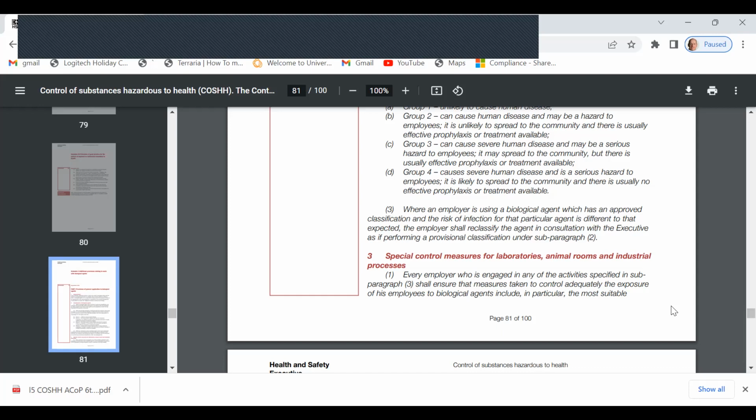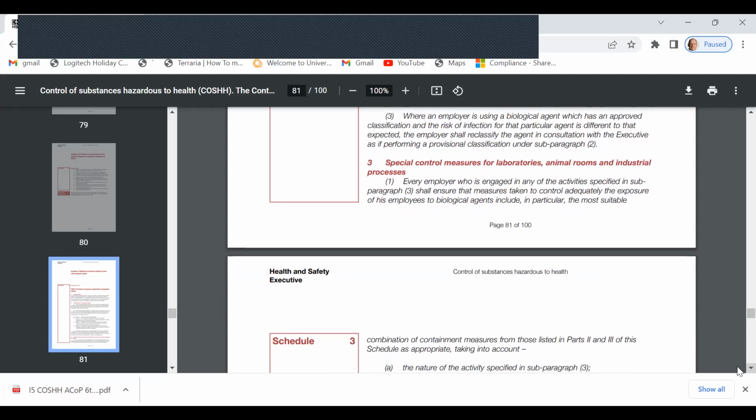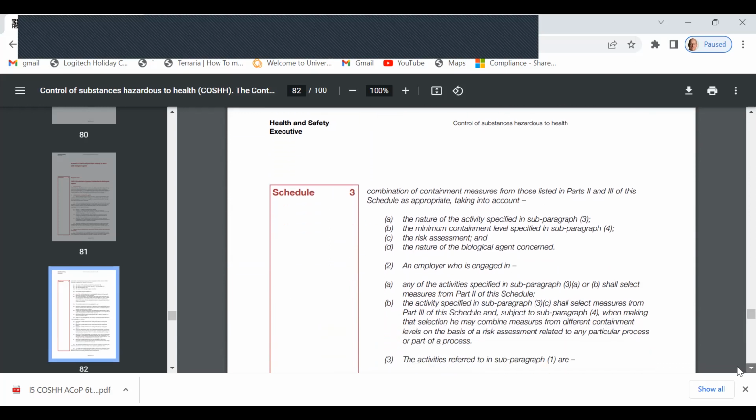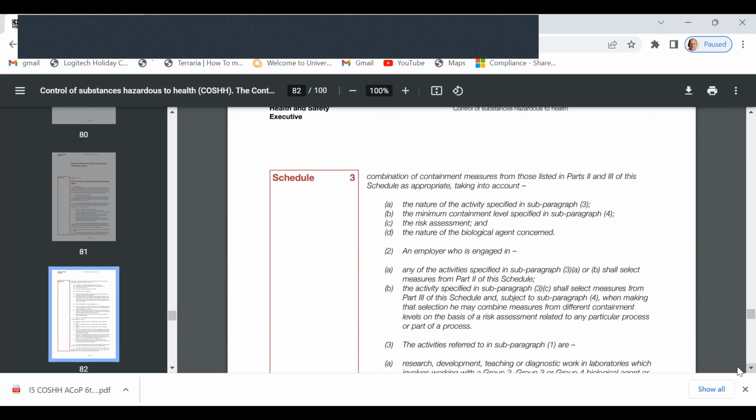Every employer who is engaged in any of the activities specified in subparagraph 3, which is just above there, biological agents, shall ensure that measures taken to control those biological agents and exposure are adequate or a suitable combination of containment measures from the list. So then it gives the person that's handling, as the responsible person, the approach that they need to consider.